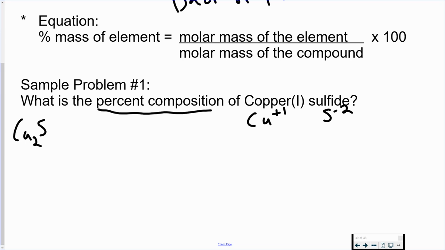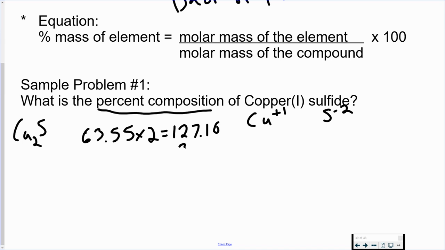So molar mass of copper is 63.55. There's 2 of those, so we're going to multiply it by 2, giving us a grand total of 127.10.